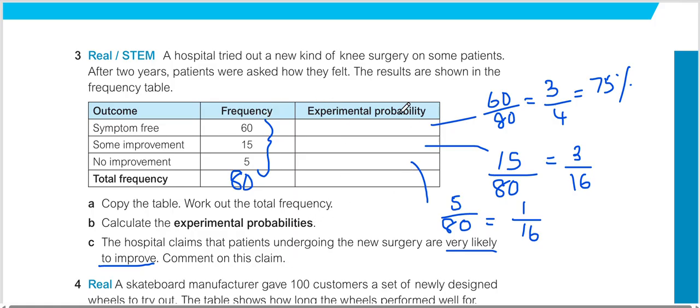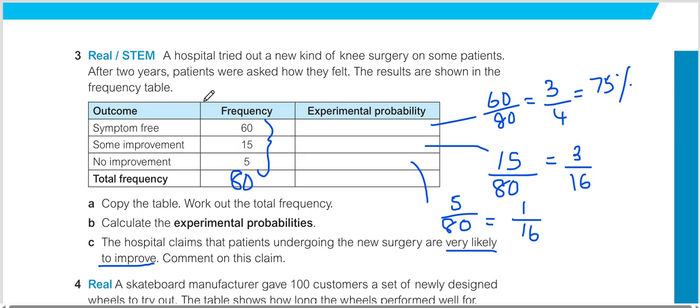You can see by looking at the experimental probability that 75% of the patients who have undergone this type of treatment have ended up being symptom free.